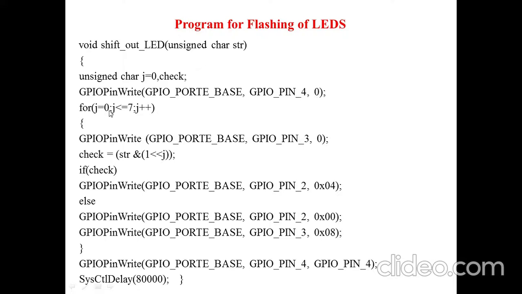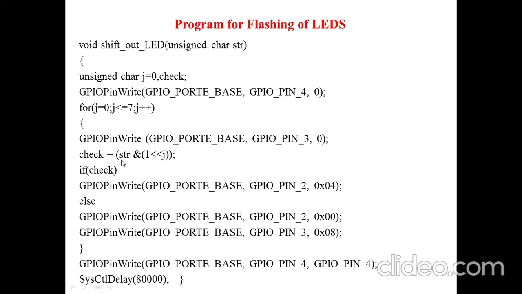What is the data? For j equal to 0, j less than 7, j plus plus. Now we check GPIO pin write, GPIO port E base, GPIO pin 3 comma 0. So check j comma 0 equal to check, and check the bit with 1 shifted left by j. You have to check up to the maximum value 0x80, starting from 0x01. When 0x01 to 0x80 is completed, you have to erase all the data and send the clock.